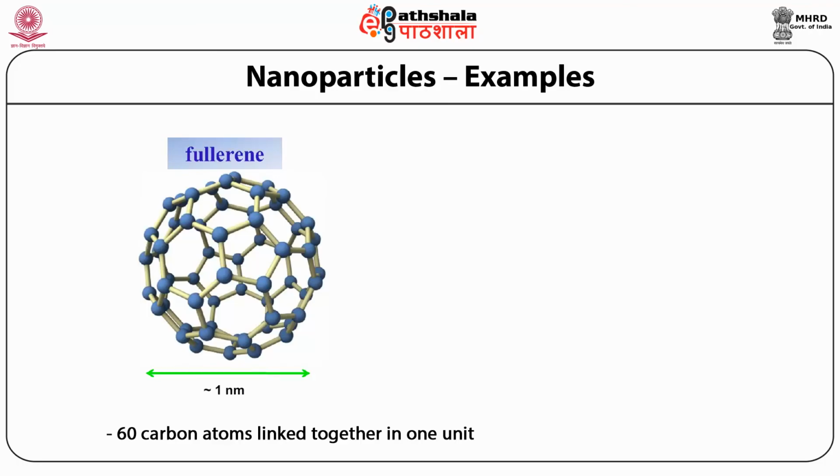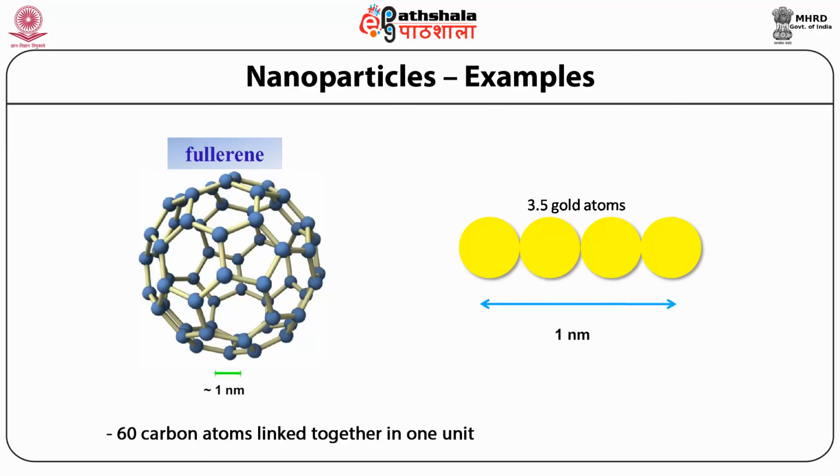Now, as you can see in the second figure, in 1 nanometer there are 3.5 gold atoms. So, this is how nanoparticles can be exemplified, and here you can see that in the case of gold atoms, they are positioned adjacently in a row.